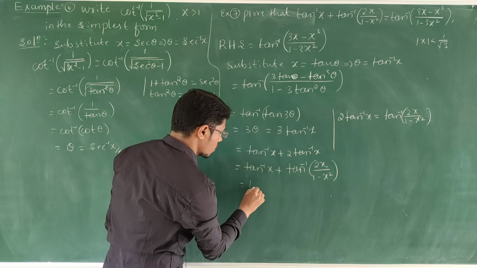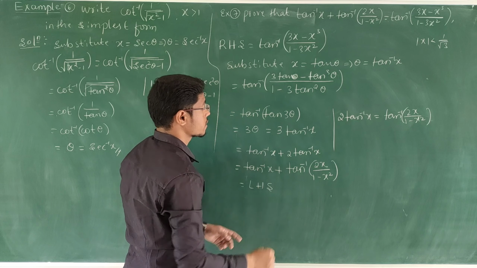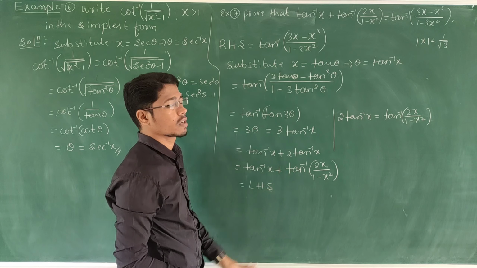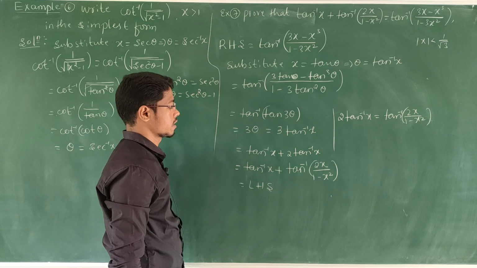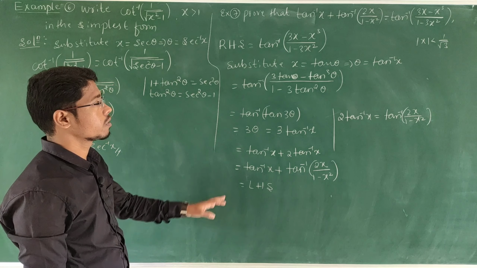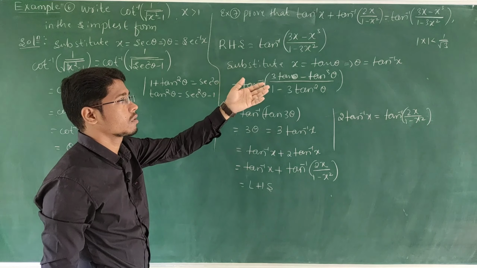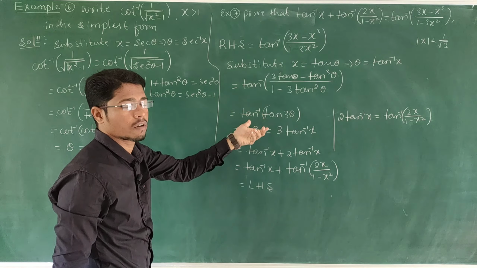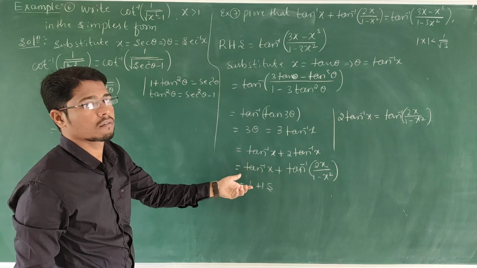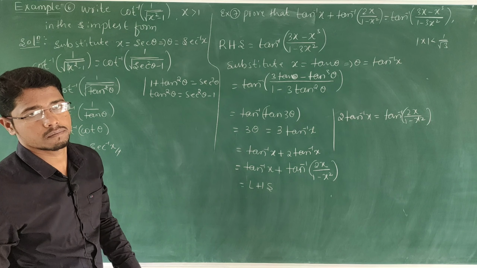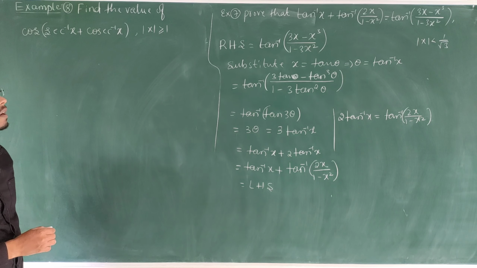So this is equal to the LHS, the required result. Very simple. The whole question is in the form of tan. Substitute x equal to tan theta and simplify, use the trigonometric formulas, and you will get the required result.